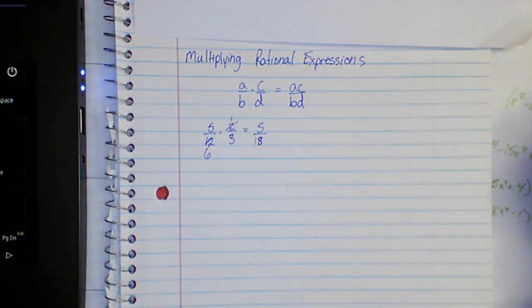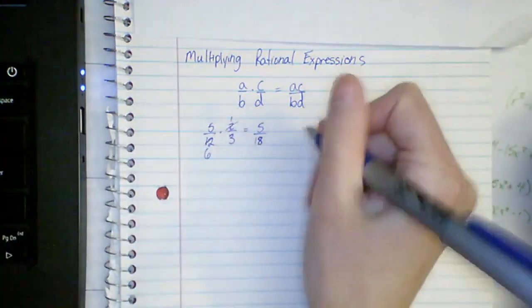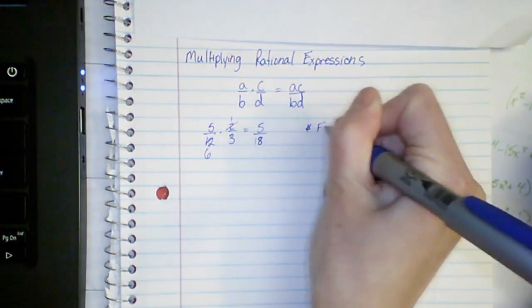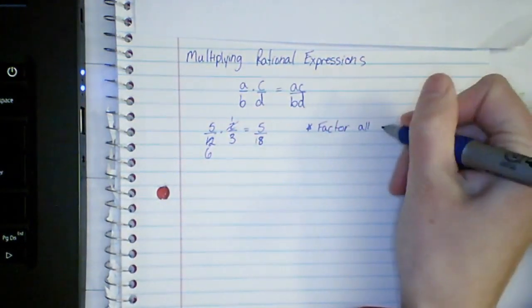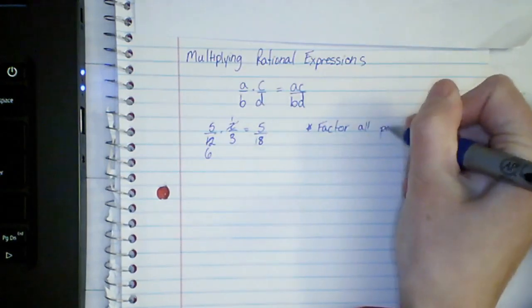So when you multiply rational expressions, you do the same thing, except you will have to factor. Factor all polynomials.